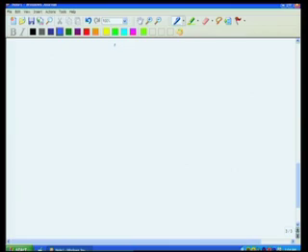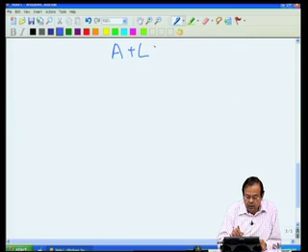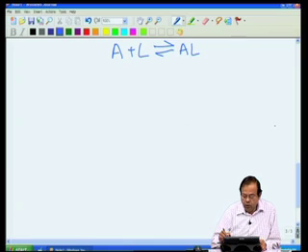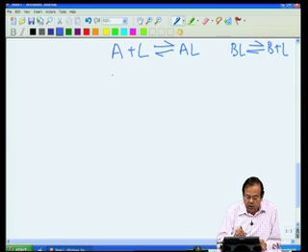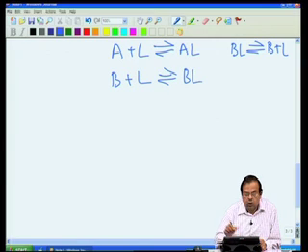But now let us go back to our kinetics, and we will start with this adsorption reaction and write it simply A plus L going to AL. Now, you would have noticed, even though my last step is BL going to B plus L, this is actually nothing but reverse of my adsorption process of BL.